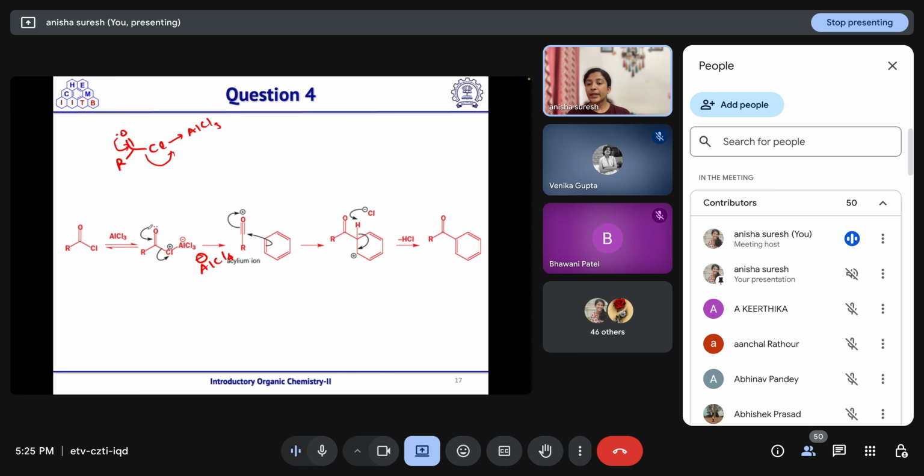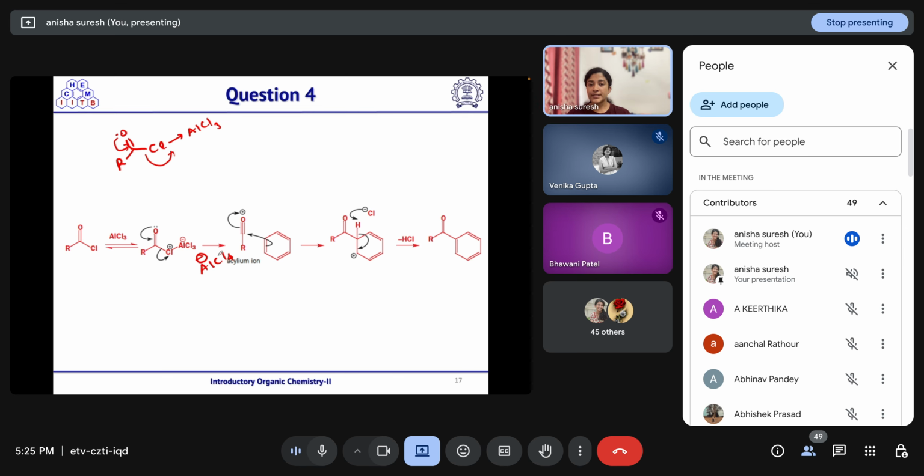Since a lone pair on oxygen is pushing, a positive charge comes on the oxygen atom, and since four bonds are already present, the carbon atom is neutral in this case.